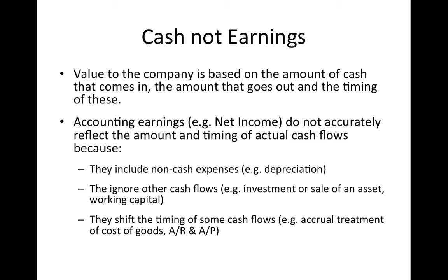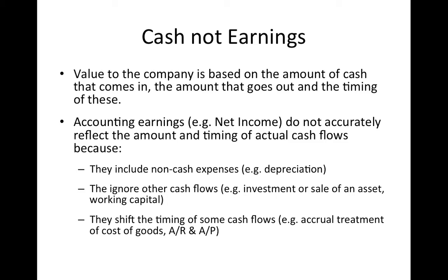So if I have to spend a whole bunch of money to buy a new asset today, that's not going to be showing up in there. If at some point I take an asset that I have and sell it and raise money from selling it, that's not going to show up in there. If you think about the money that gets consumed in inventory and accounts payable, that's important, and that's not going to show up in the income statement.